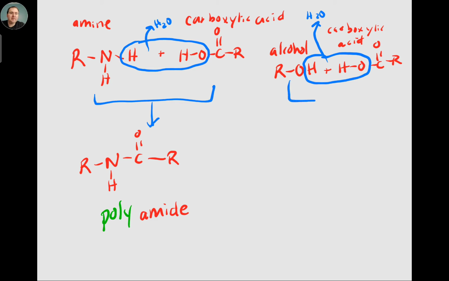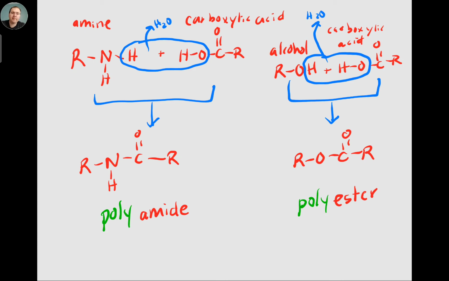The other remaining pieces are going to now be bonded together in order to make what now looks like an RO carbonyl R, which we call an ester. Making one ester is not a big deal, but making tens of thousands, hundreds of thousands of esters in a row allows us to make polyester. And that's one that's very common in life for both drinking containers and for clothing.